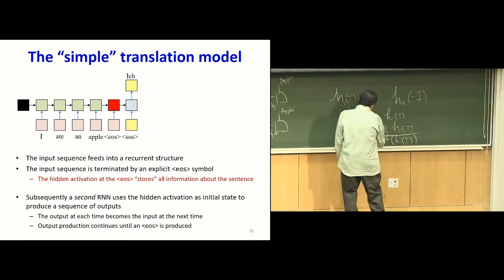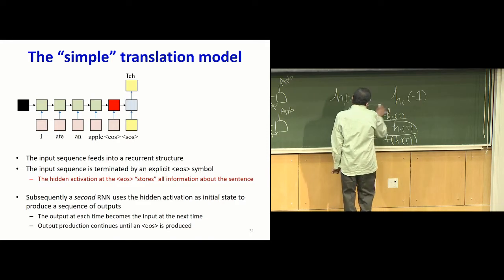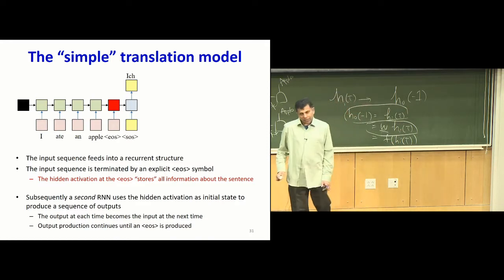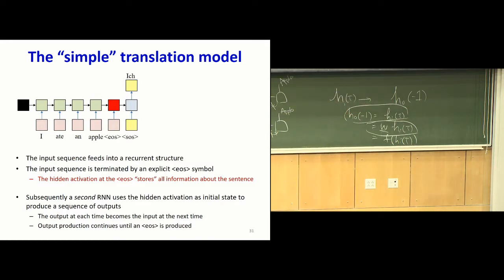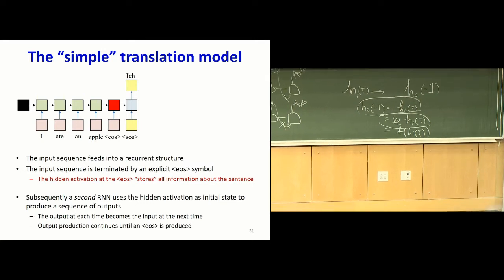Typically, we're going to use either something like this or something like this. So we won't actually spend any time on the specific manner in which the final hidden representation of the input is converted to the initial hidden representation of the output. We're just going to assume that the two are identical.